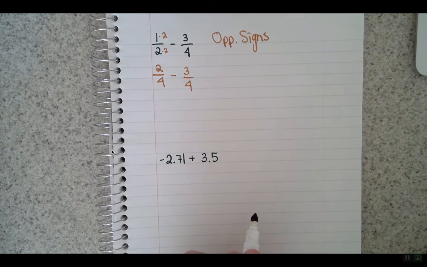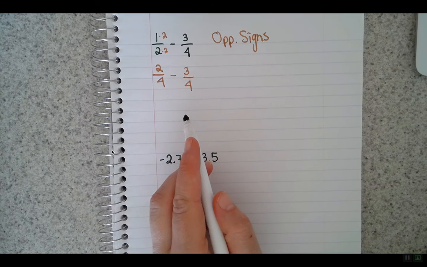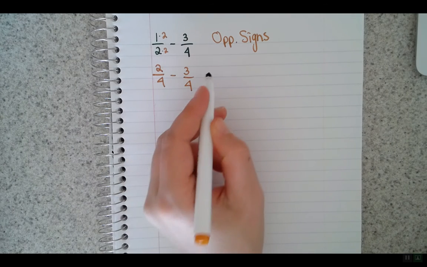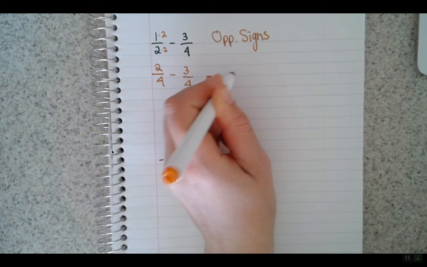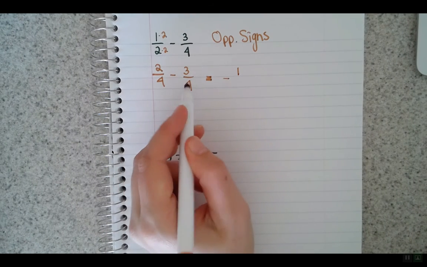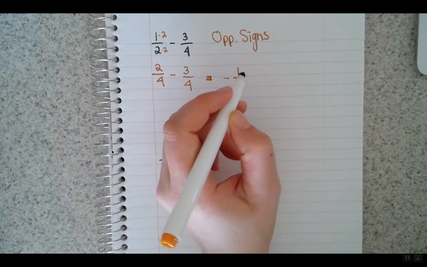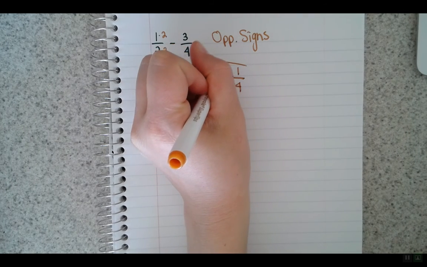Okay, now that we have a common denominator, we can subtract. 2 minus 3 is a -1. And then the denominator stays the same all the way across. And my answer is -1/4.